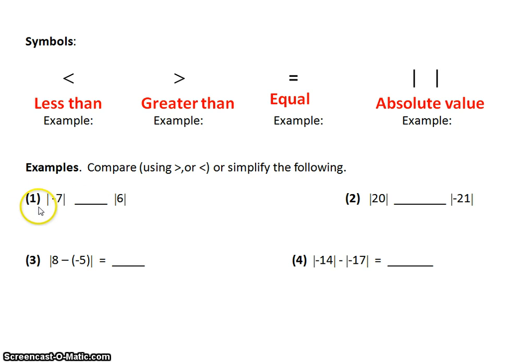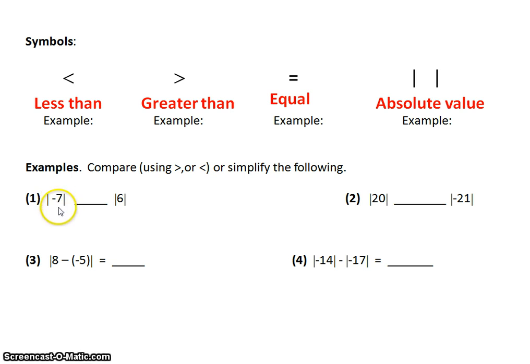In example 1. Now this is an example of absolute value symbols, these two vertical lines. Now this would be read as the absolute value of negative 7. This over here would be the absolute value of 6. Now remember what absolute value stands for. Absolute value stands for distance from 0. So negative 7.